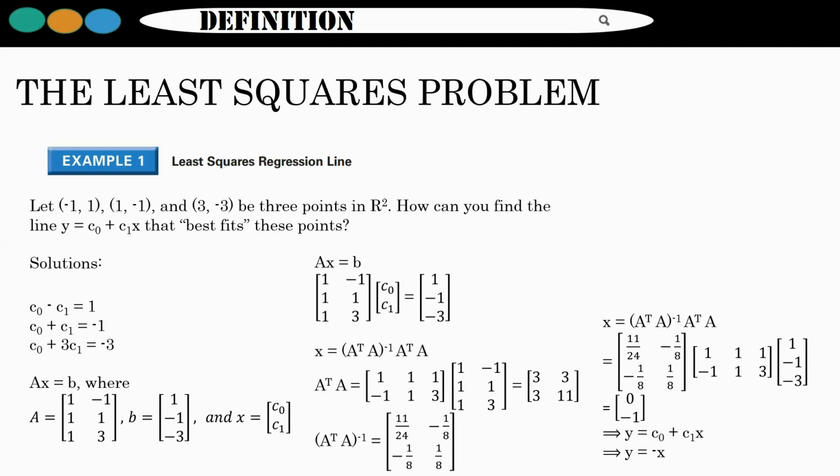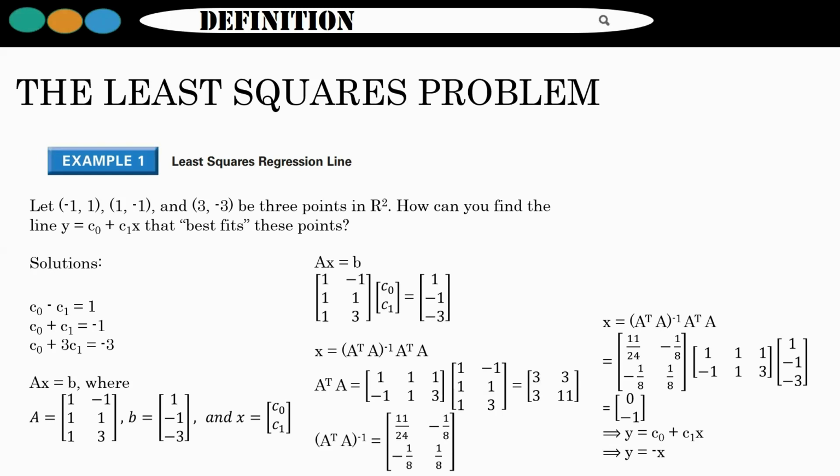And also we multiply it by our value of b, which is 1, negative 1, negative 3. After the multiplication, we find the answer x, where c sub 0 is equal to 0 and c sub 1 is equal to negative 1. So this is the line y equals c sub 0 plus c sub 1 x. For the slope we have negative 1, and for the intercept we have 0.